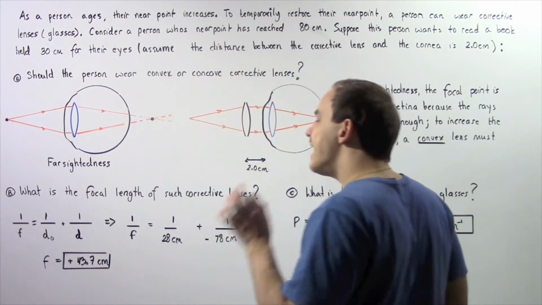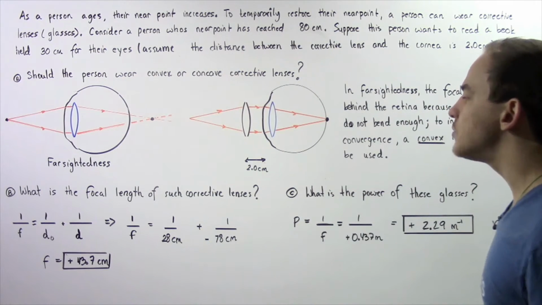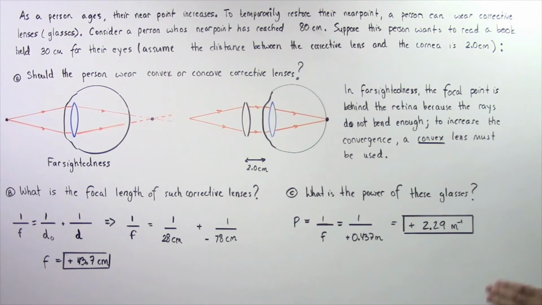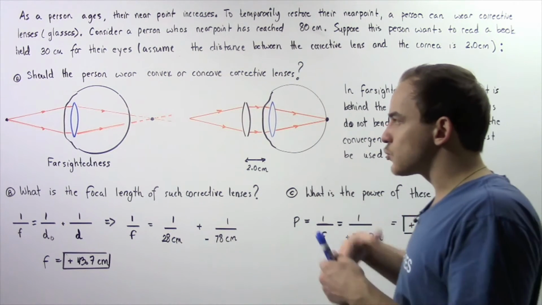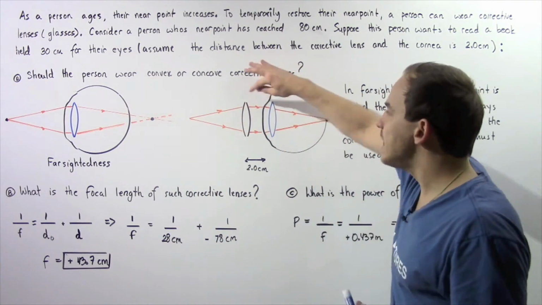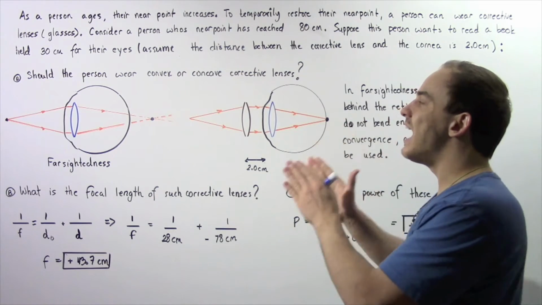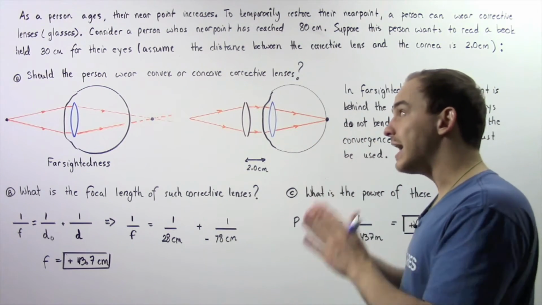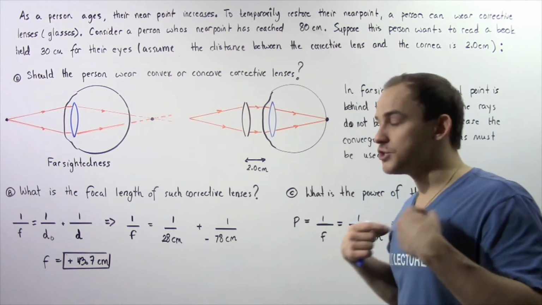What exactly is the focal length of such a corrective lens? Let's once again try to understand what exactly is taking place when we're putting on our convex corrective lenses.